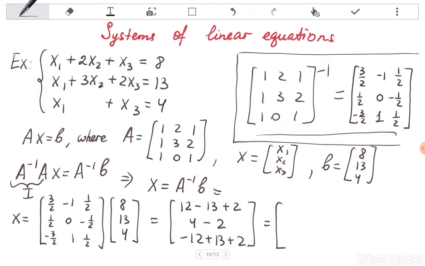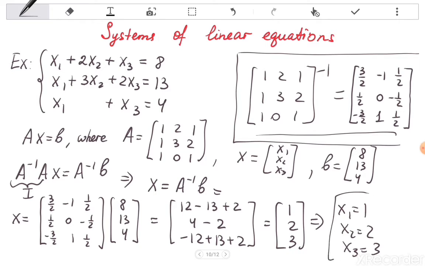So what do we get? Here we have minus 1 plus 2 is just 1. 4 minus 2 is 2. And here we have 3. So from this we easily see that x1 is 1, x2 is 2, and x3 is 3. So this is the solution of the given system of linear equations.